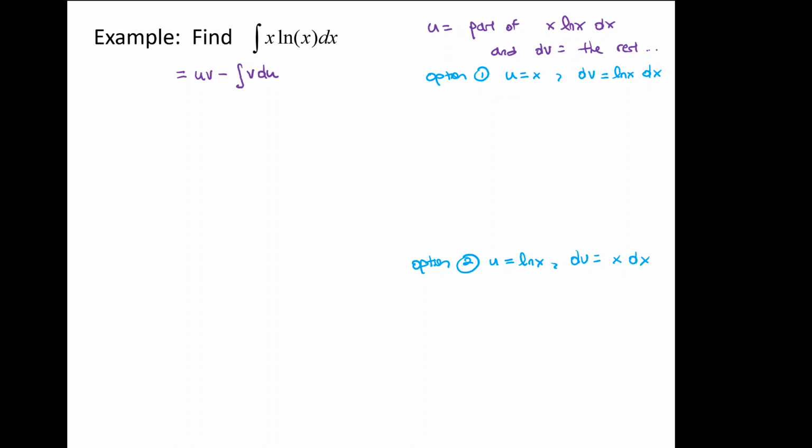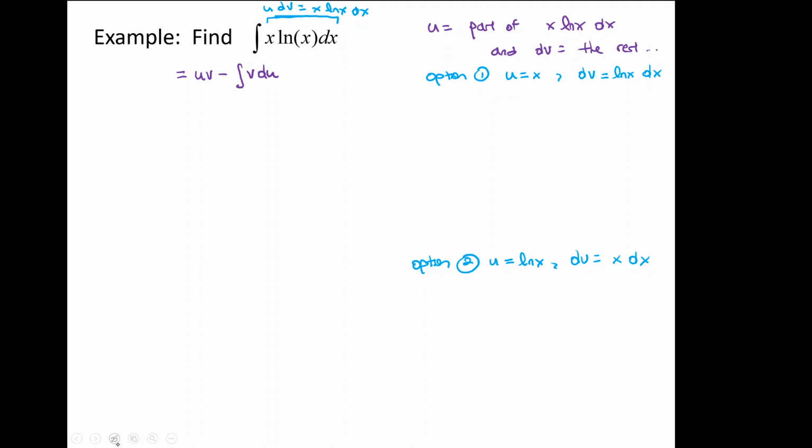You must always have u times dv equals x ln of x dx. Everything must be accounted for. We can't be missing any pieces, and we can't have any extra pieces. And notice that in both these options that happens. We have the x, the ln of x, and the dx when we multiply the two parts together.